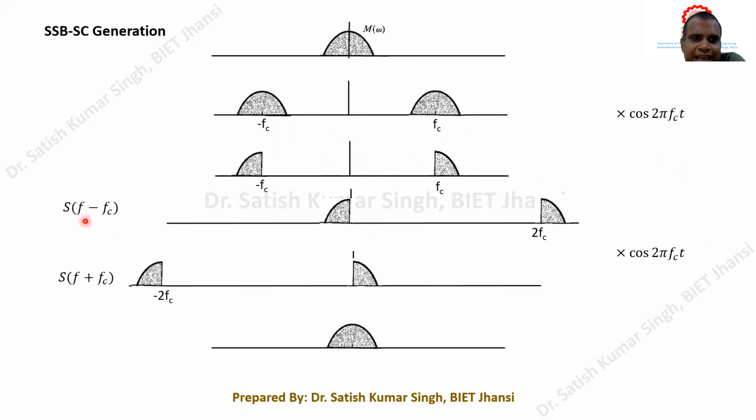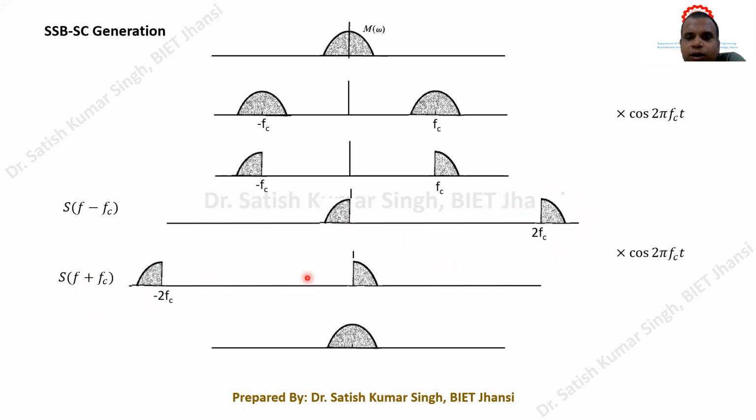So that will be your S(f) minus FC. This represents S(f) minus FC, and this represents S(f) plus FC. So now what happens is, because this is our higher frequency component 2FC, and we need to pass this particular signal, these two should be added together. Because we know that the spectrum will be S of F minus FC plus F plus FC.